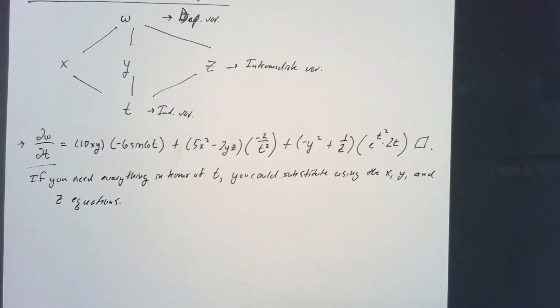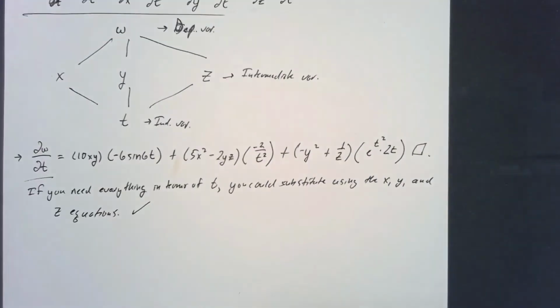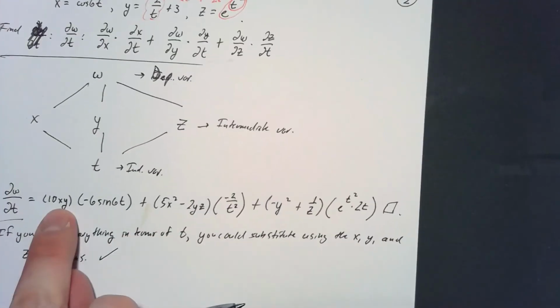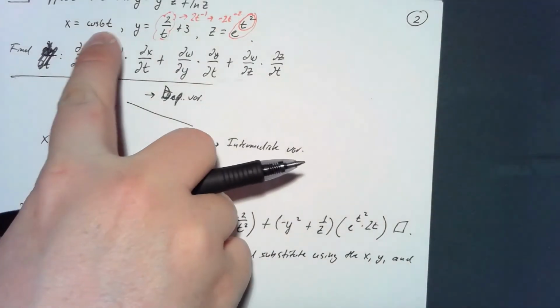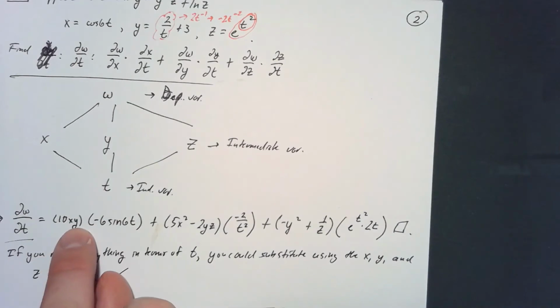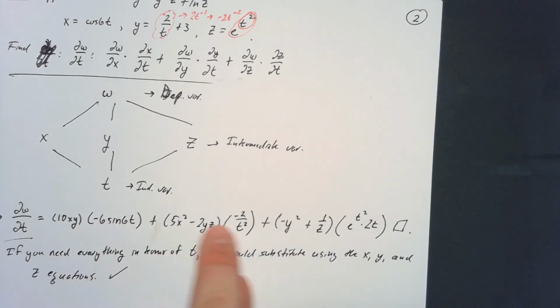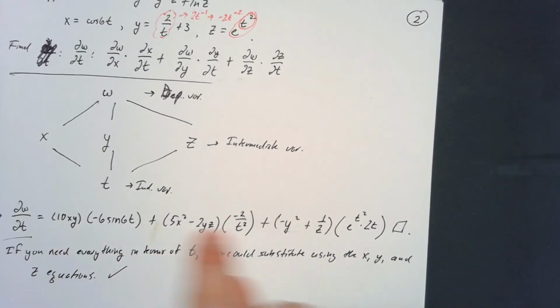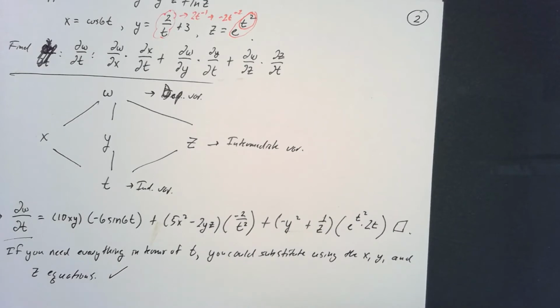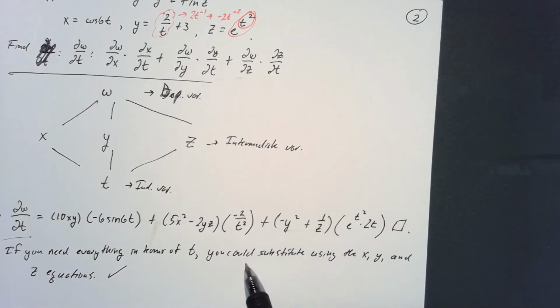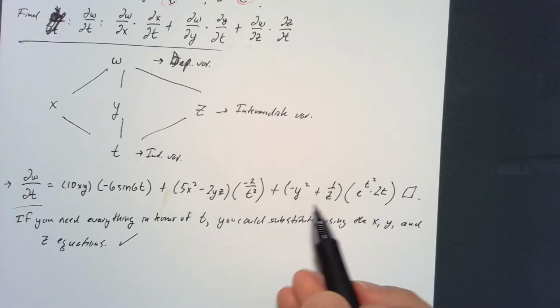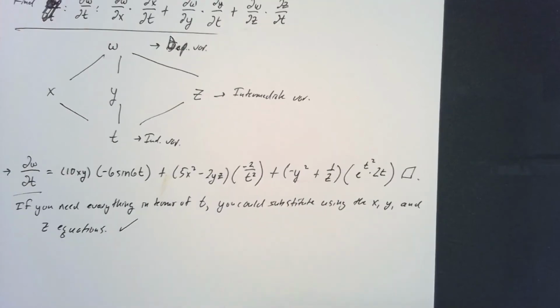It's not necessary, but you can. x is equal to cosine of 6t, so you can replace that here, and y is equal to 2 over t plus 3. And you can go through that and you'll get everything in terms of t, but it's not necessary unless it's explicitly mentioned. But if it's not, we could stop there, that's fine.